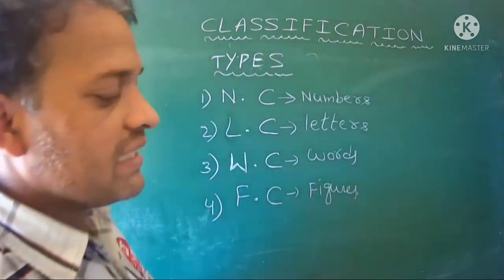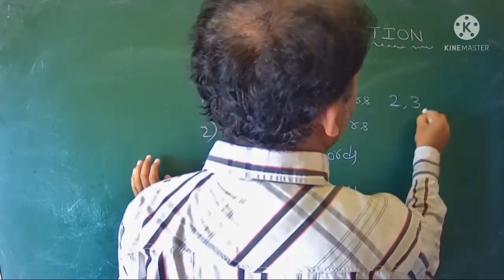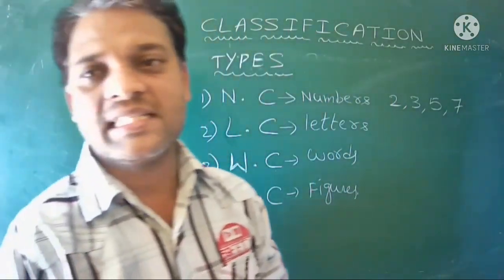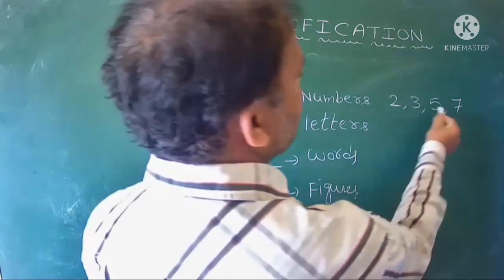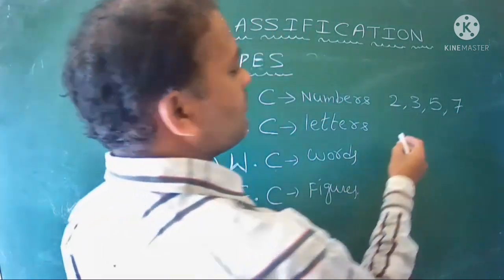For example, in number classification: 2, 3, 5, 7. Here 4 numbers are given. Out of 4, 3 are from one category.